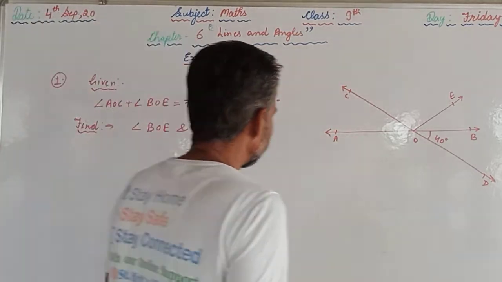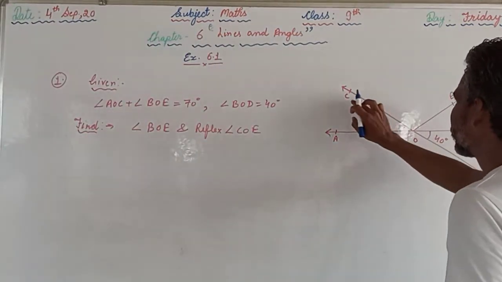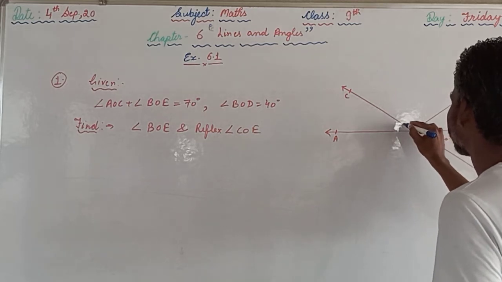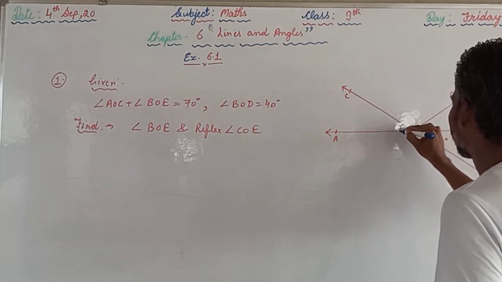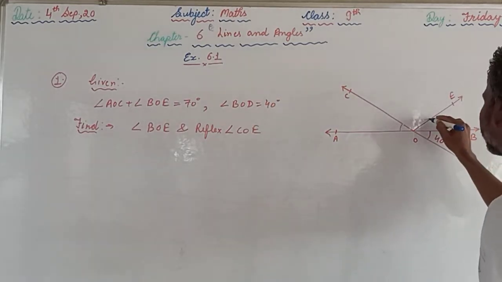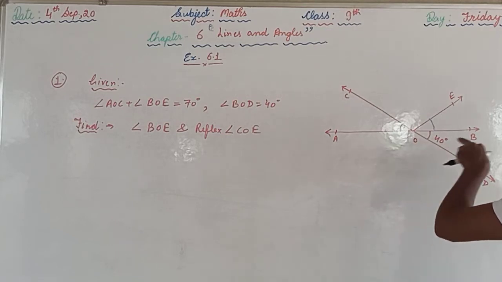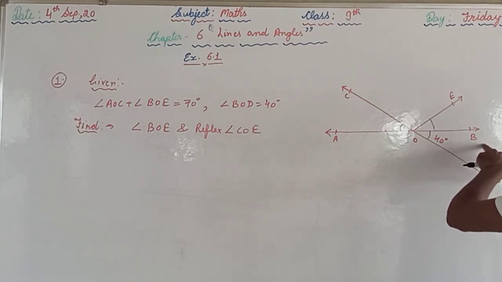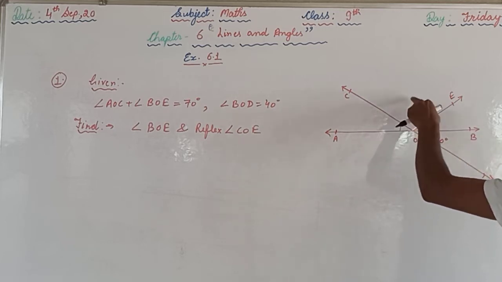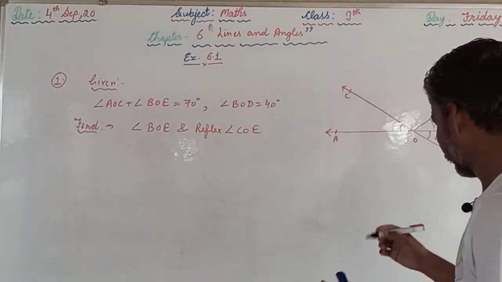Now what is given, angle AOC plus angle BOE. So angle AOB is a straight angle, and which is divided into 3 angles, 1, 2 and 3, but the total sum will be 180 degree.